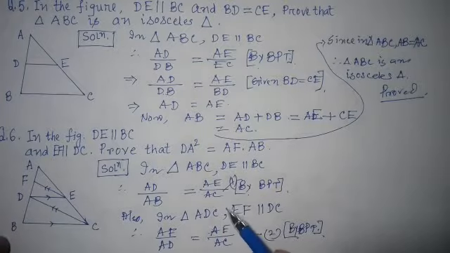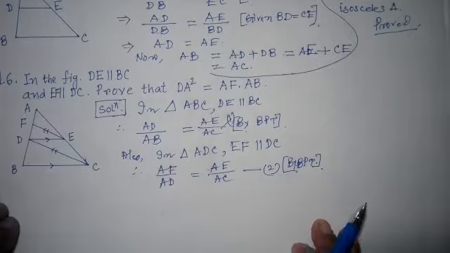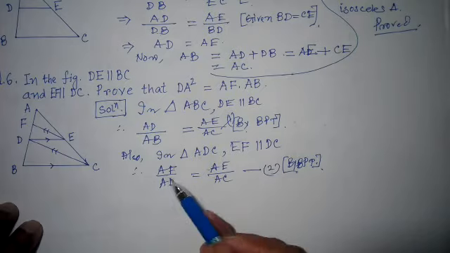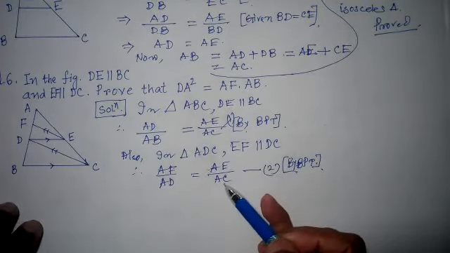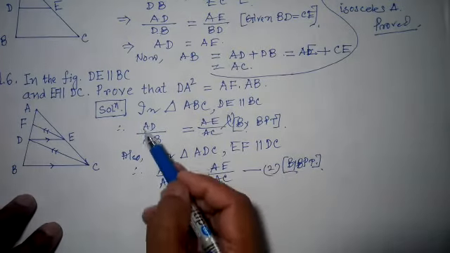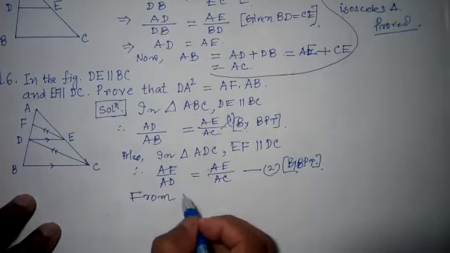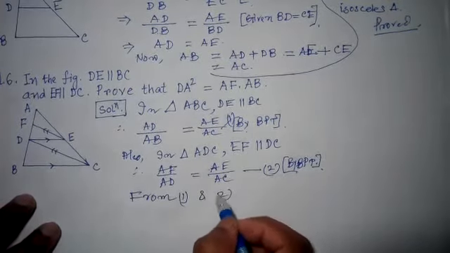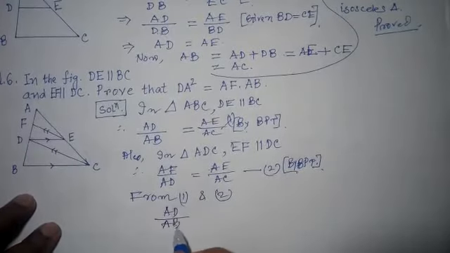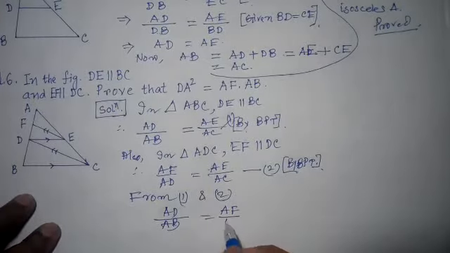So what we see if we compare 1 and 2: AD by AB equals AE by AC, and here AF by AD equals AE by AC. So both are equal. From 1 and 2, AD by AB is equal to AF by AD.